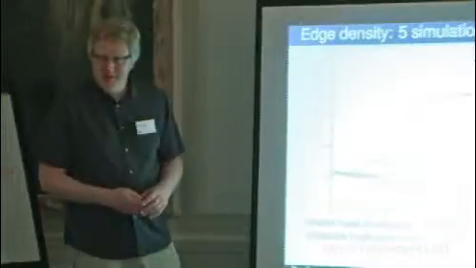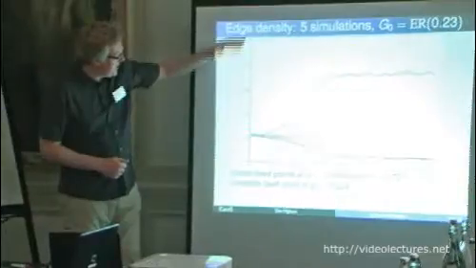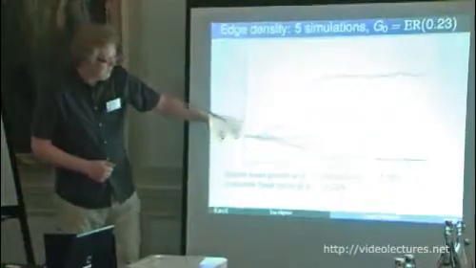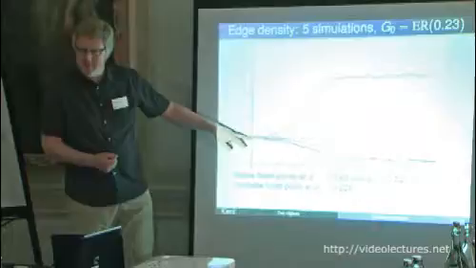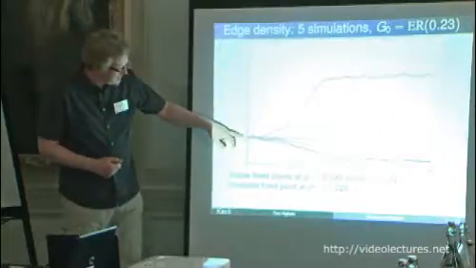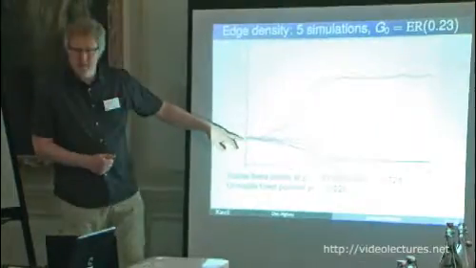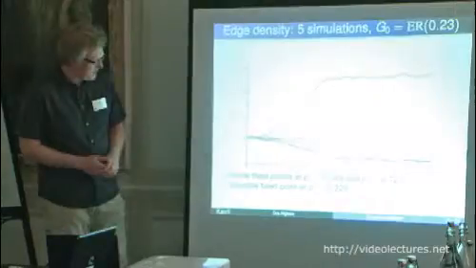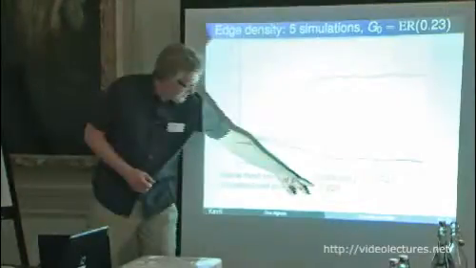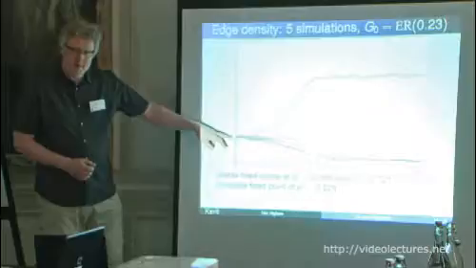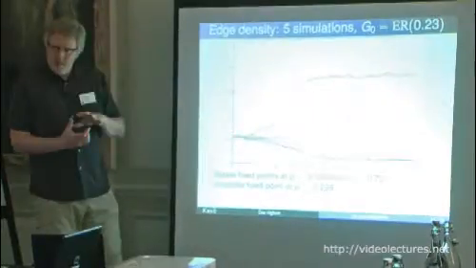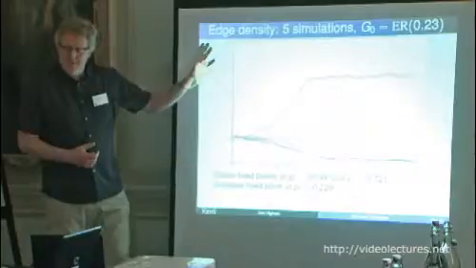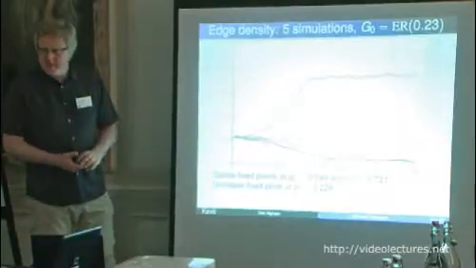And this bistability is really what we think is the interesting part of all this. So what we're doing here is we're starting 5 independent paths from the same initial condition, which we've specially chosen to be close to the unstable fixed point. So there's an unstable fixed point around a 0.23 edge density. We start with exactly the same initial condition, but 5 different independent paths, so different microscale noise.